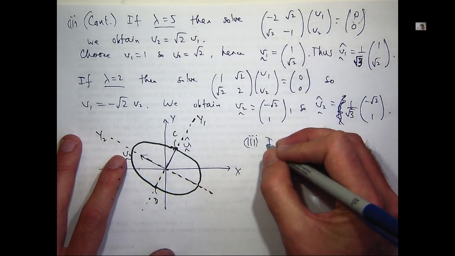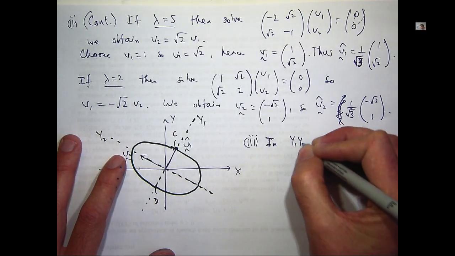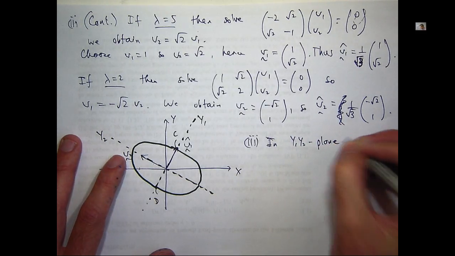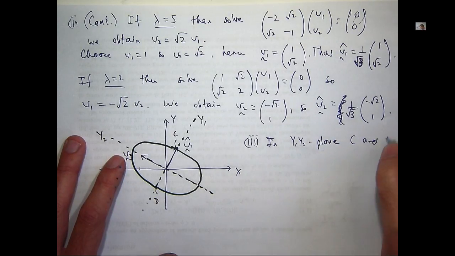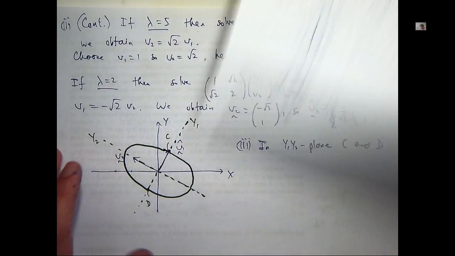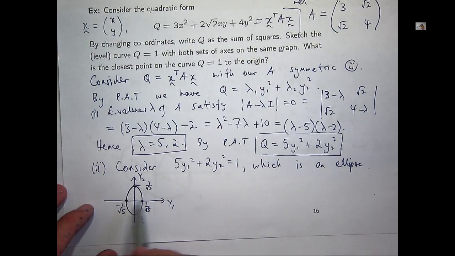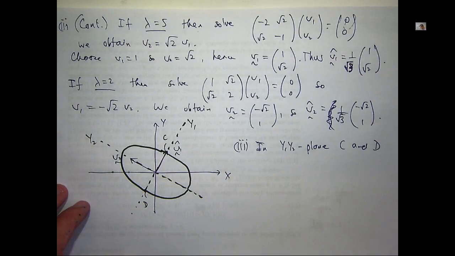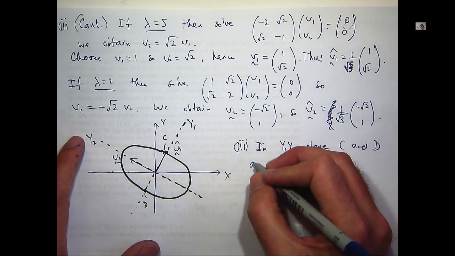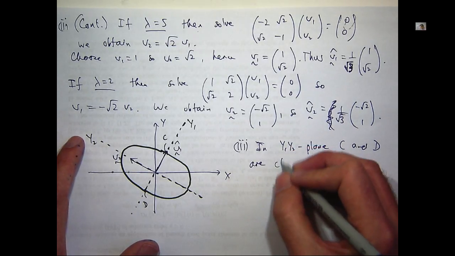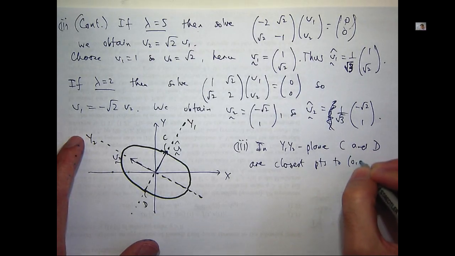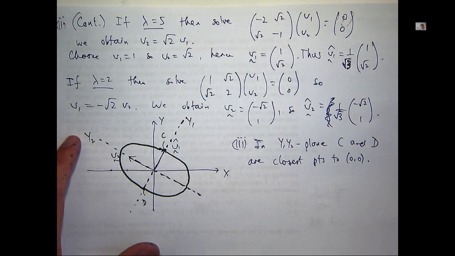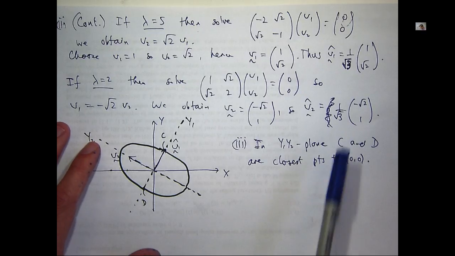So in the y1, y2 plane, say C and D are the closest. So the question is, how do we get the xy coordinates for these points C and D?